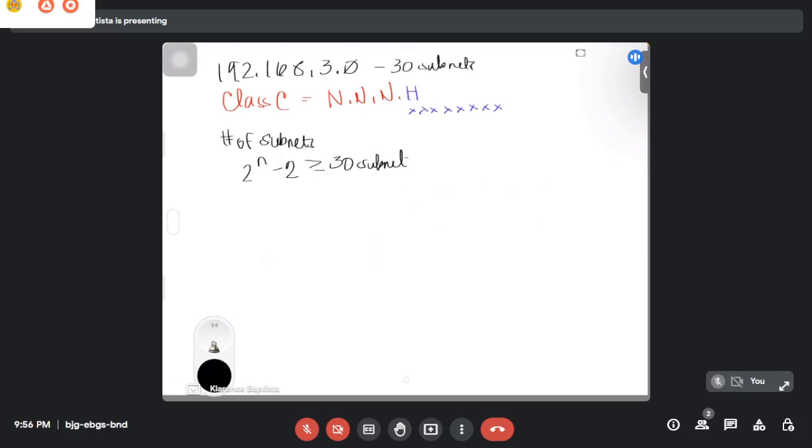So, 2 times 2 is 4, times 2 is 8, times 2, 16, times 2 is 32. Tama, di ba? So, I think that is 2 times 1, 2, 3, 4. 2 raised to 4.